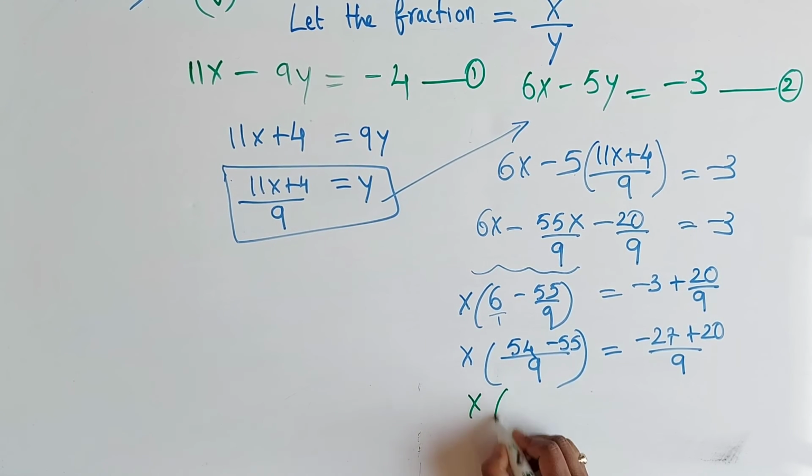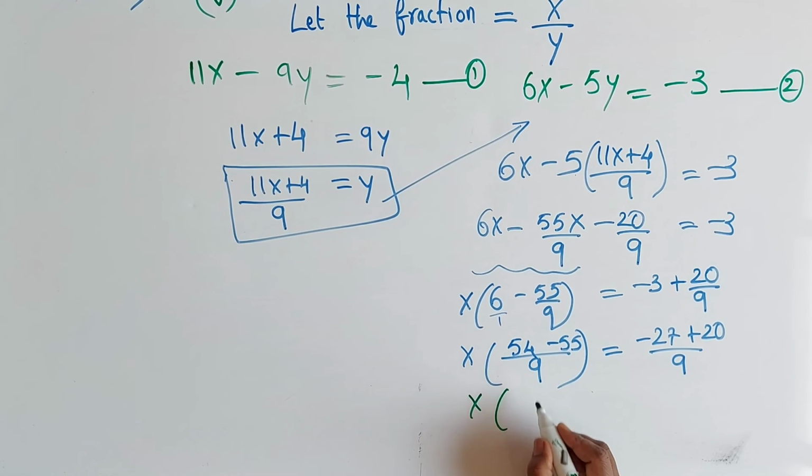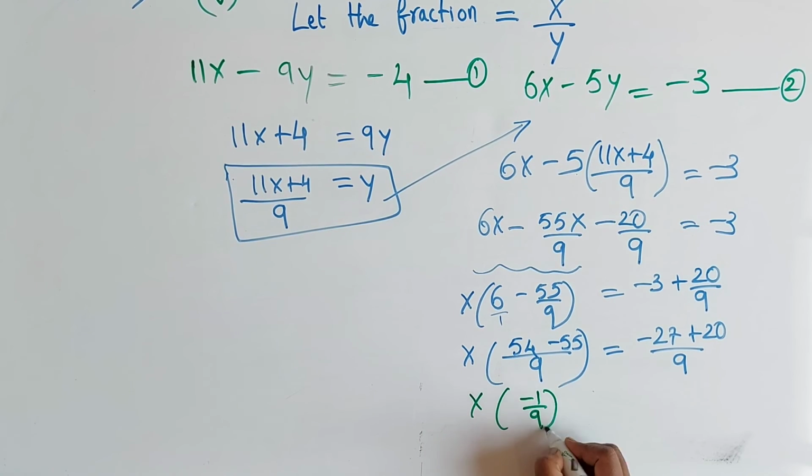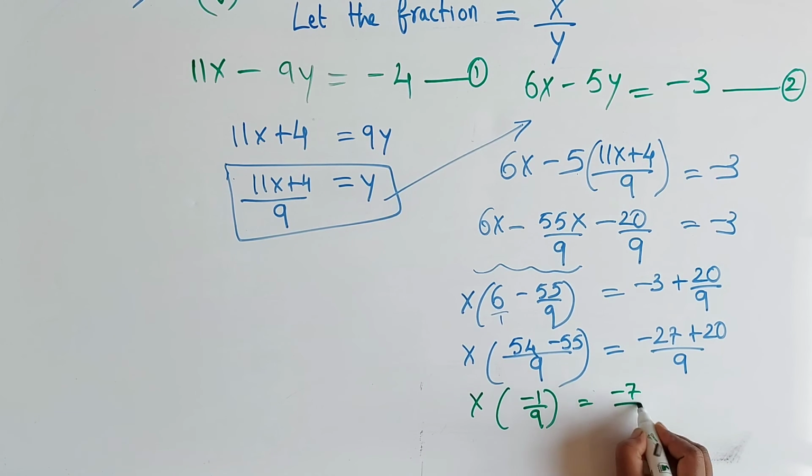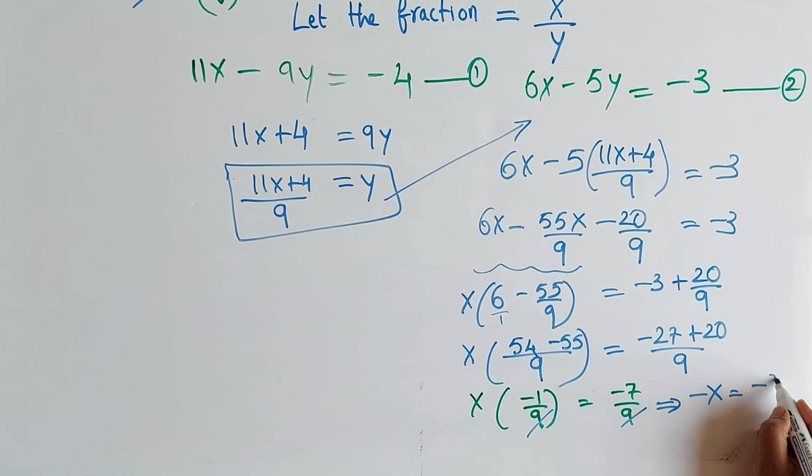From here x of minus 55 plus 54, minus 1 by 9, equal to minus 27 plus 20, minus 7 by 9, children. Right? Here and here 9 will get cancelled. Therefore minus x equal to minus 7. That means x equal to 7, children. The x value is 7.